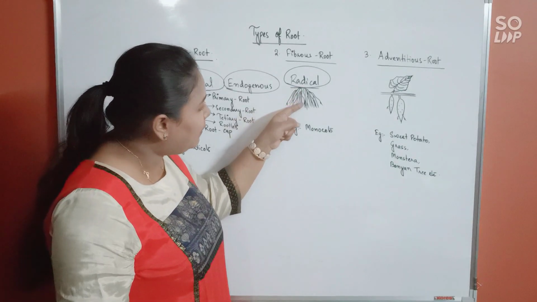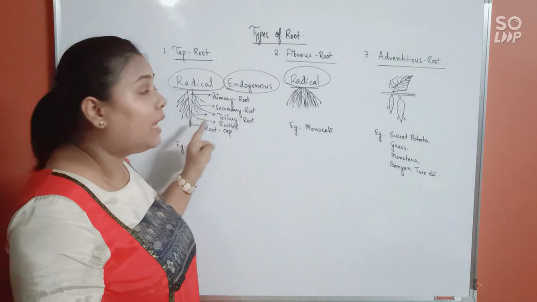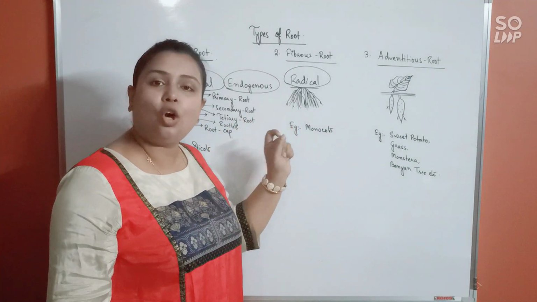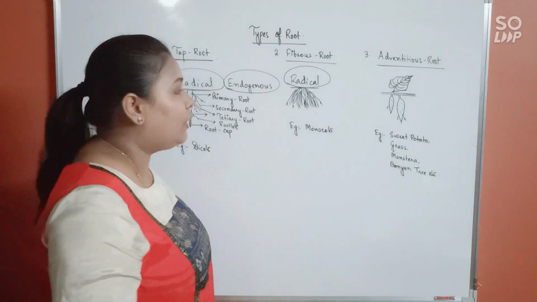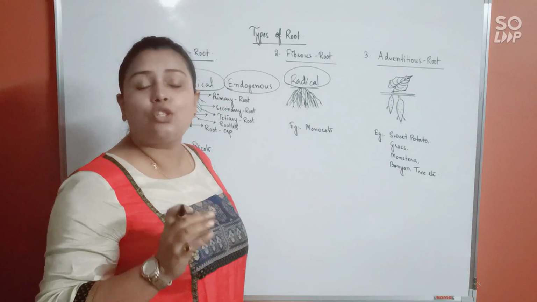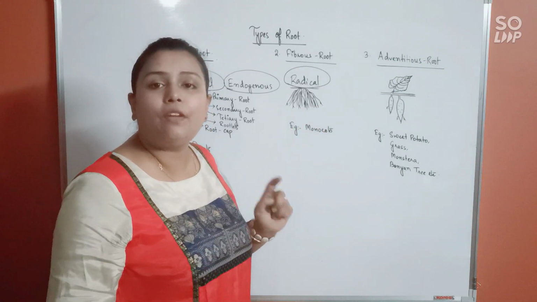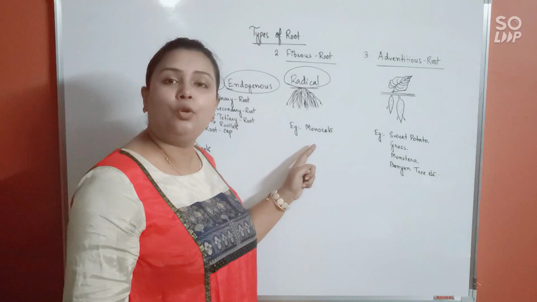So you cannot see any prominent part here like the primary root, which you can see in the diagram, right? So here the primary root is short-lived and eventually it will be replaced by thin thread-like structures which together will be termed as the fibrous root system. Now this is very commonly found in the monocots.